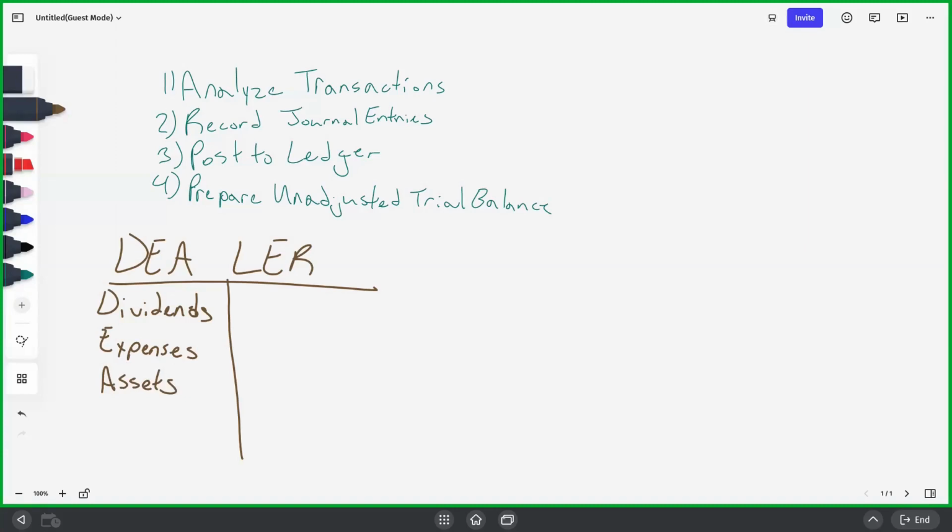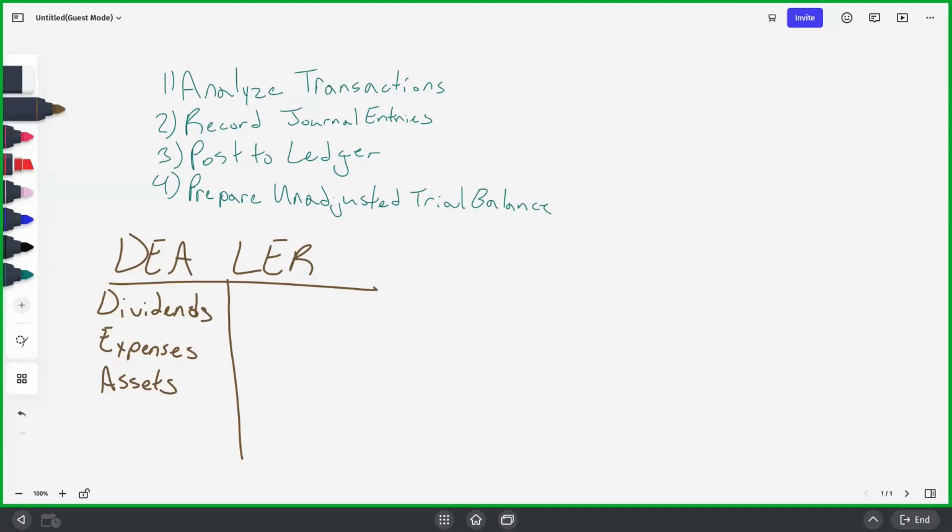Their normal balance is a debit. If you ever see that our expenses increase, we're going to debit expenses right off the bat. Whenever it says we're gaining more assets, getting more cash, buying a building, we know that is going to be debited. Same with dividends. The moment you see a dividend, you'll know debit.